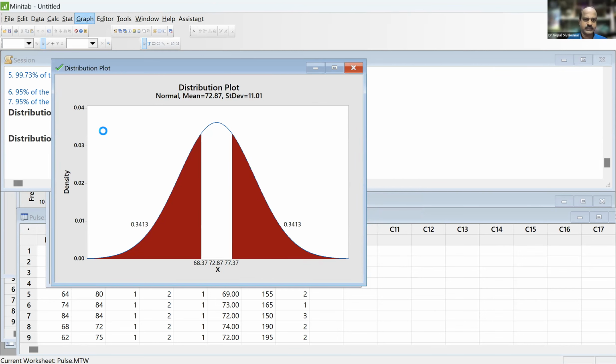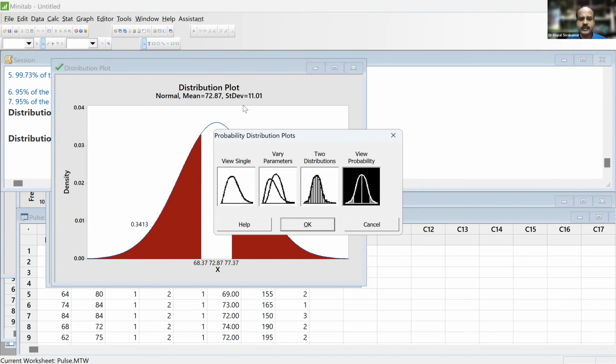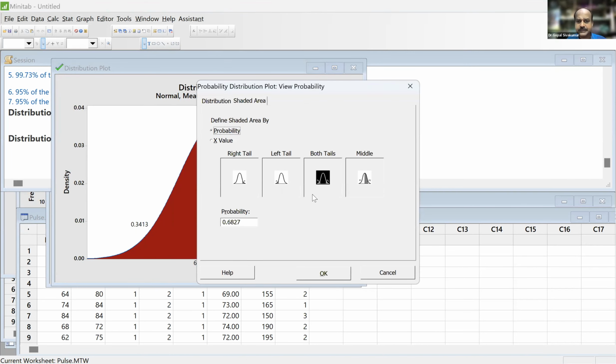Let me make it a little different. Probability distribution plot, view probability. I want the area inside. This is outside, this is inside. Why two different probabilities?